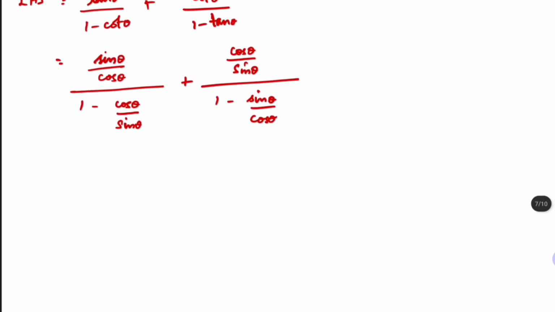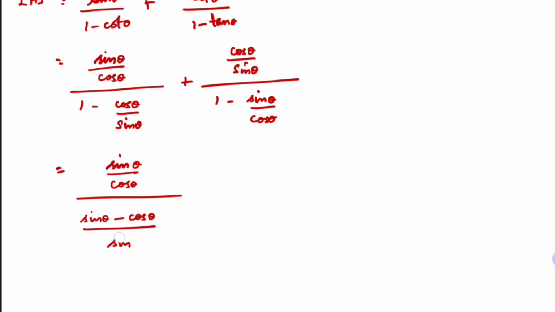Let the numerator be as such, sin theta by cos theta. In the denominator, we can take sin theta as the common denominator. So 1 becomes sin theta minus cos theta divided by sin theta.